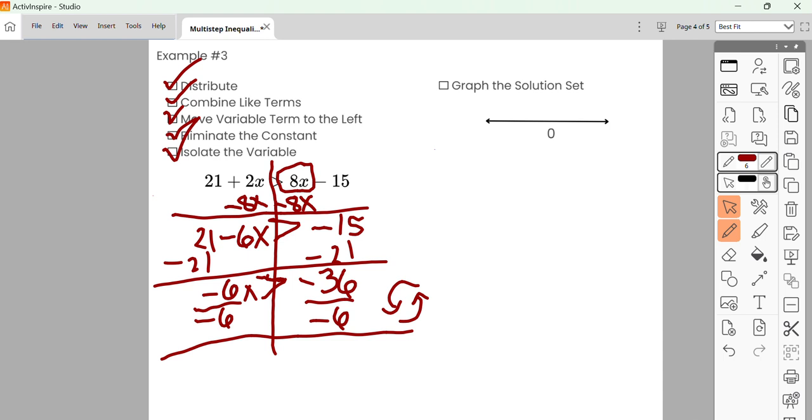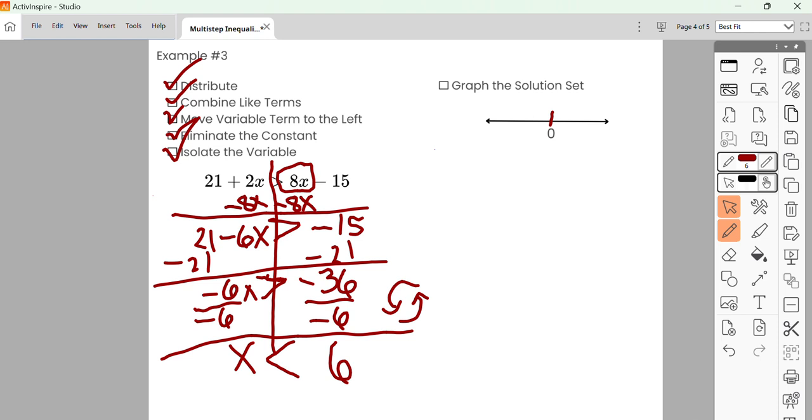So negative 6 divided by negative 6 is 1. So we're going to write x. Then we're going to flip the inequality. Less than 6. Because negative 36 divided by negative 6 is 6. Again, please check with Desmos. Here's my 0.